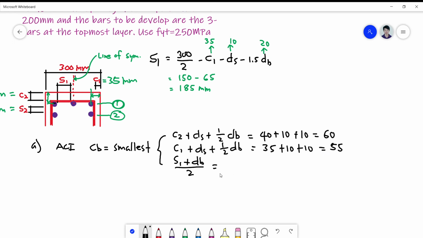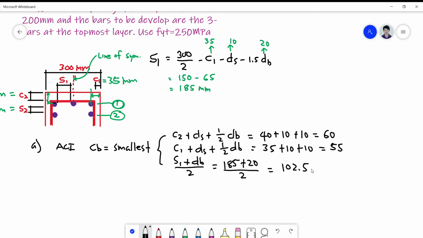And we have S1, which is computed, 185 plus 20 divided by 2. Okay, so this is 205 over 2, which is 102.5.